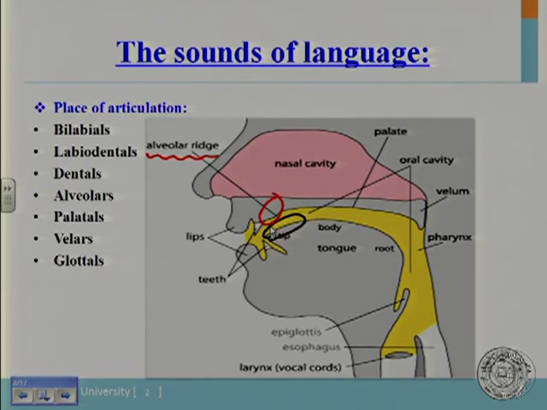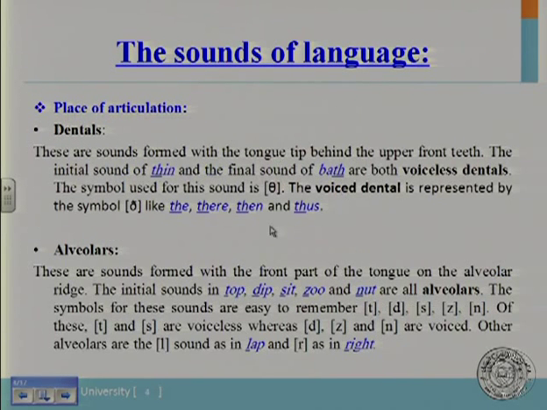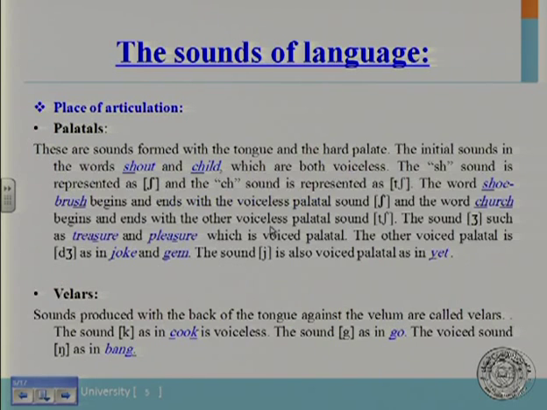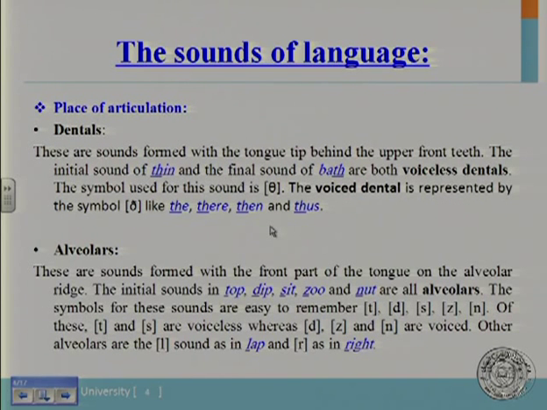So when the front part of the tongue touches the alveolar ridge, we can hear these sounds, as in, for example, behind the teeth: t, as in top, or d, as in dip, s, or z, as in zoo, and n, as in not.